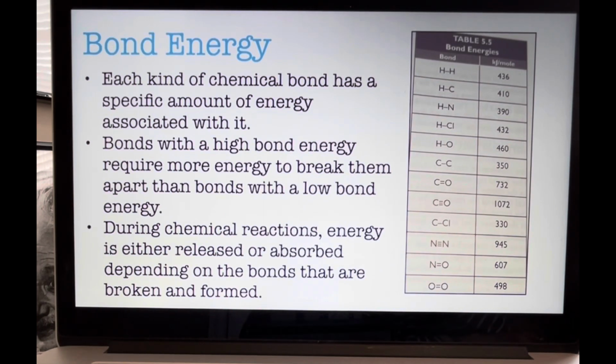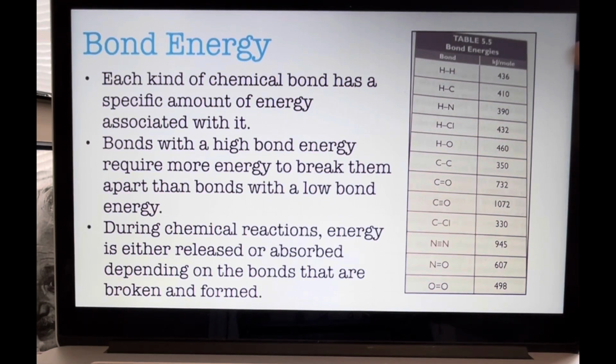So here we have table 5.5 of some common bond energies. Look at this table. Notice how the energy is measured in kilojoules per mole. So these are just a hydrogen-hydrogen bond, a hydrogen-carbon, hydrogen-nitrogen bond, and so on. How does the energy needed to break a hydrogen-nitrogen bond compare with the energy needed to break a hydrogen-oxygen bond?